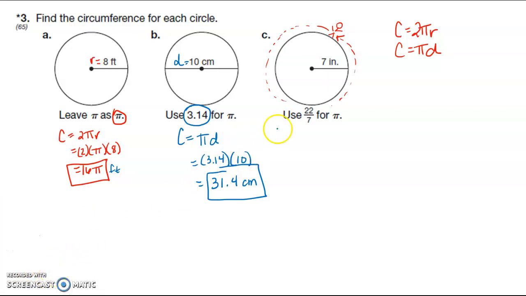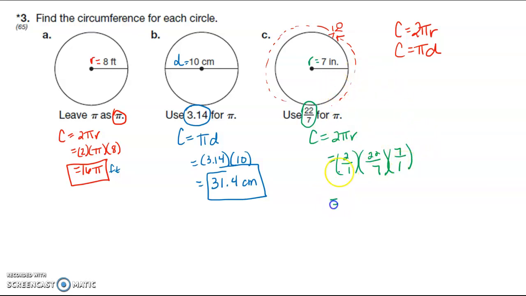And then last one on this page, I have a radius of 7, so I'm going to use my 2 pi r, and it says to use 22 over 7 for pi. So I'm going to put everything in fraction form: 2 over 1 for 2, 22 over 7 for pi, and 7 over 1 for the radius.